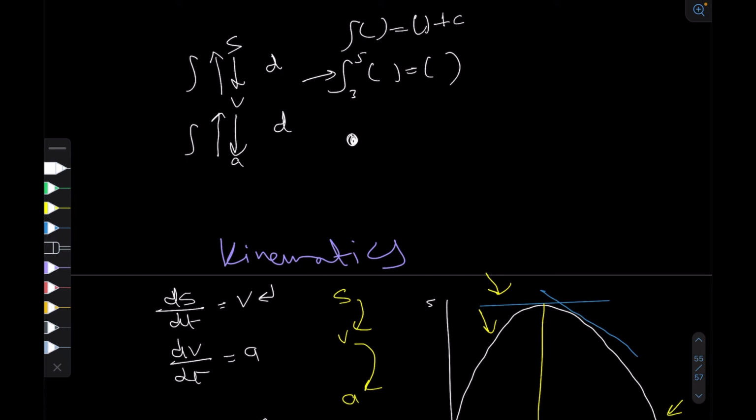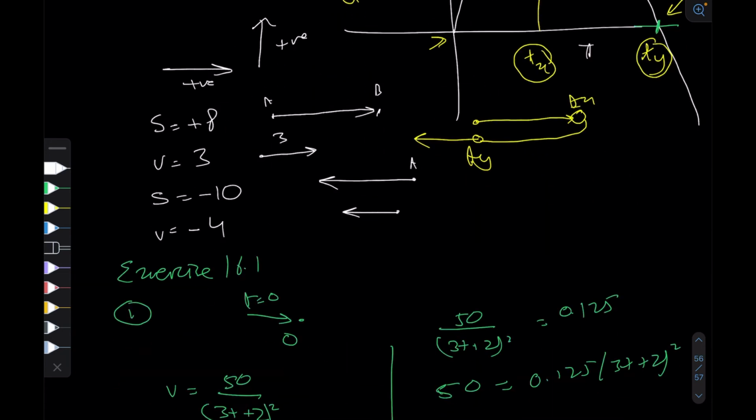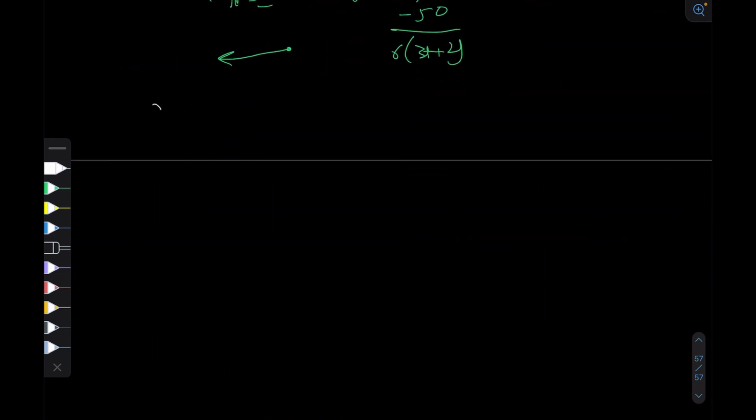So if you want the final displacement, that would be the initial displacement plus the change, which would be the integral, right? To put it in formal words, the integral of acceleration with respect to time is velocity, and the integral of velocity with respect to time is displacement.